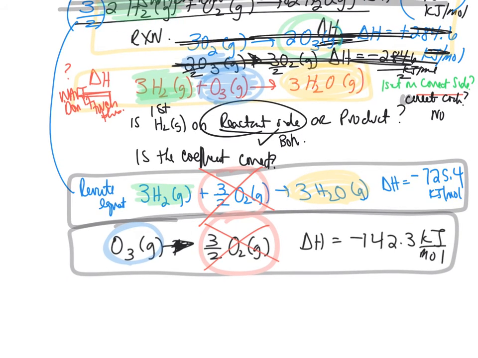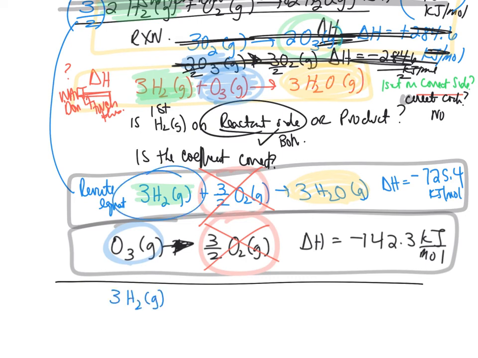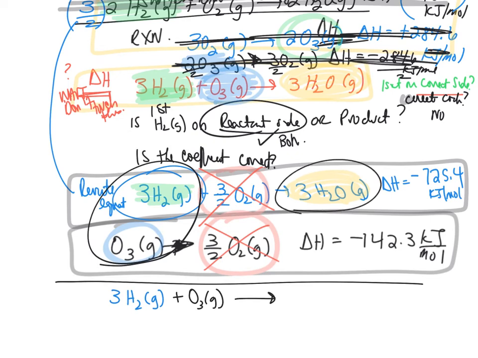So if we total this up, we would see we have 3 hydrogen gas plus ozone gas. Okay, we scratched out those. Goes to 3 water gas molecules.